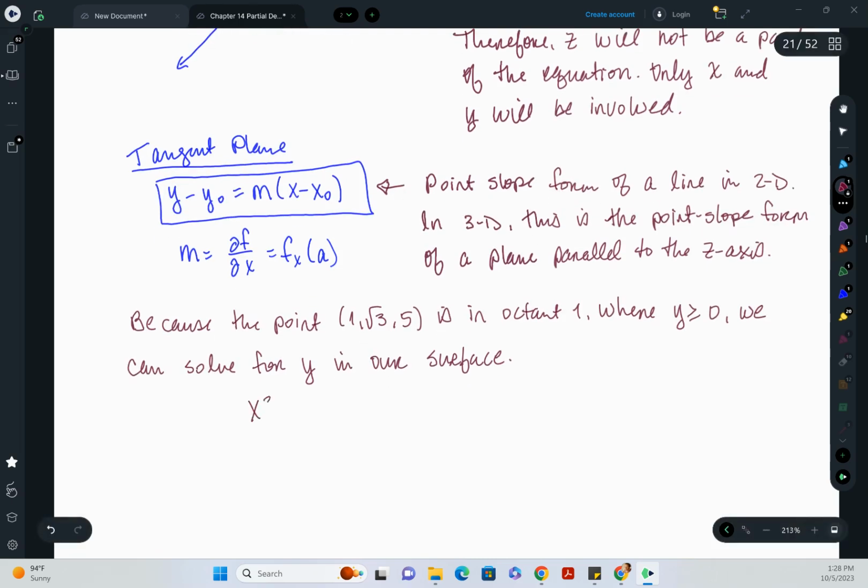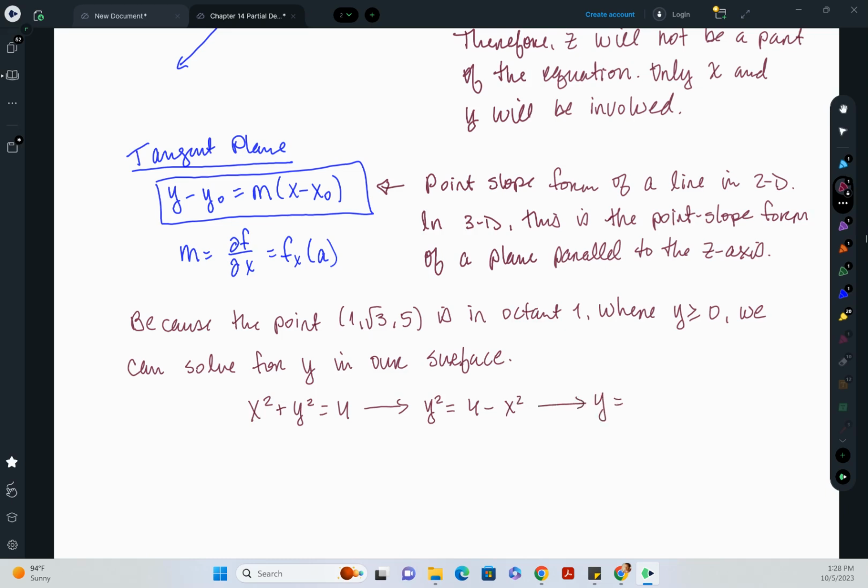So what that means is we're looking at x squared plus y squared is equal to 4. That's our surface. We're going to solve for y. So y squared is 4 minus x squared. Continuing on, y is normally equal to plus or minus the square root of 4 minus x squared. But because there's this declaration that y is greater than 0, that's why I'm going to say, nope, we only want the positive square root of 4 minus x squared, okay?